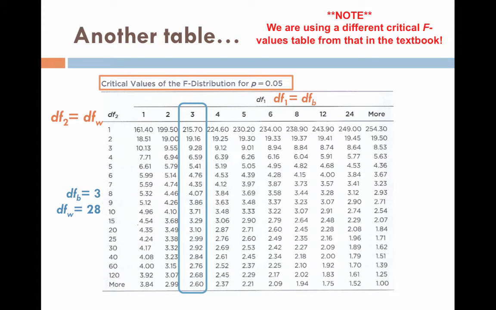Do you recall what I said last week in terms of how we look at our critical values tables? Since we have degrees of freedom within groups of 28, that means we've passed the threshold of 25 degrees of freedom, but we have not passed the threshold of 30.